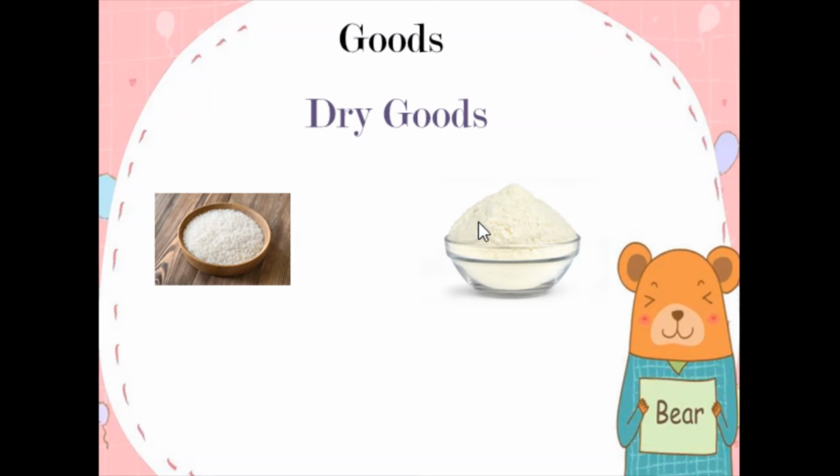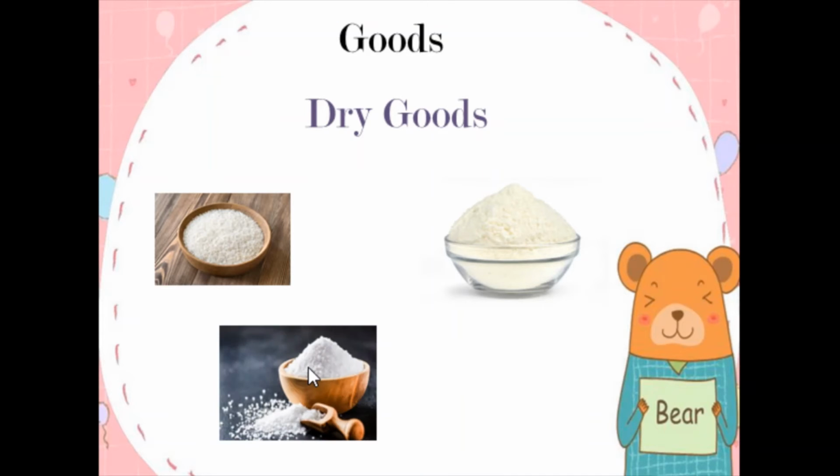Again, it is a dry good because we can feel and touch it with our bare hands. Next, we can also consider this one as a dry good because we can feel and touch it again. This is salt.